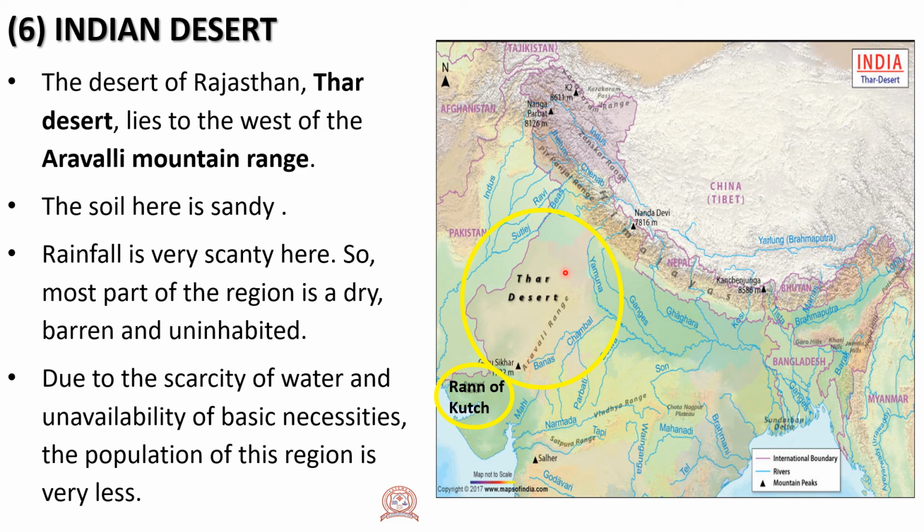So most part of the region in the Thar Desert is dry, barren and uninhabited. Due to the scarcity of water and unavailability of basic necessities, the population of this region is very less.